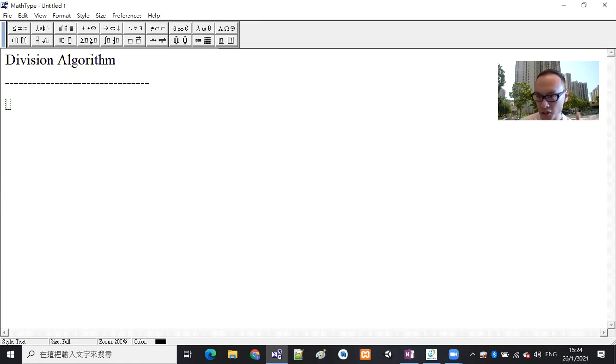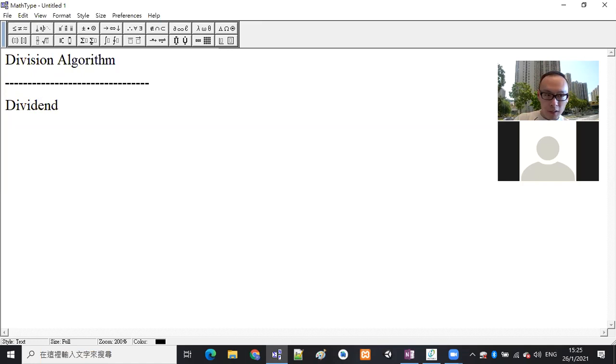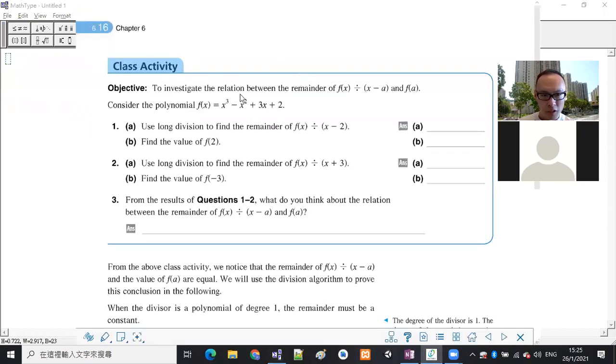A division has four things. It starts with the dividend and the divisor, at least these two. After calculating, for example by long division, we get the quotient and the remainder. Putting these four together gives the division algorithm: dividend is identical to divisor times quotient plus remainder. So we can set up an equation like this by using the division algorithm.